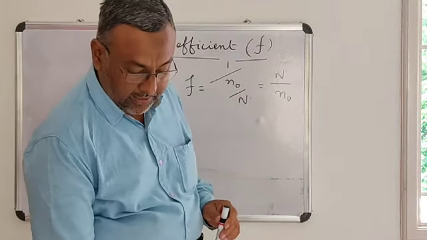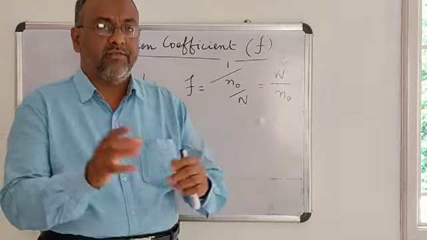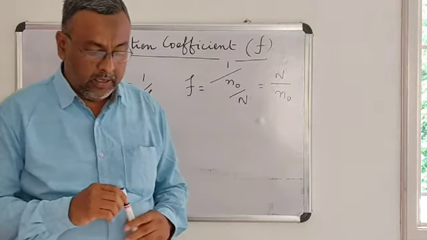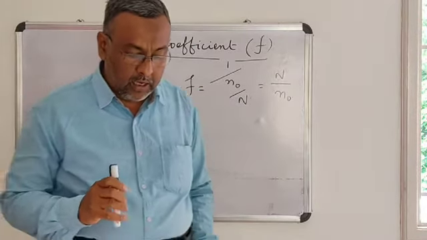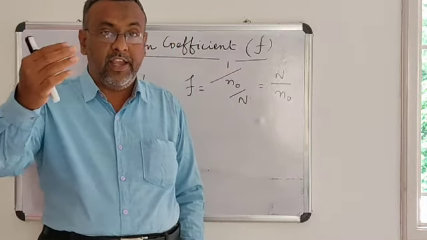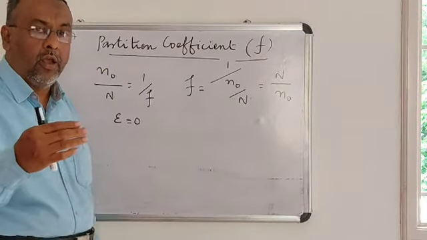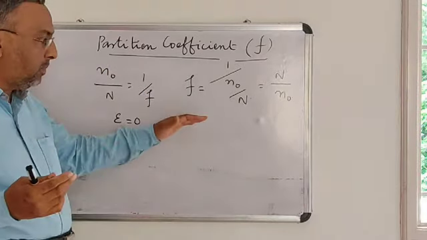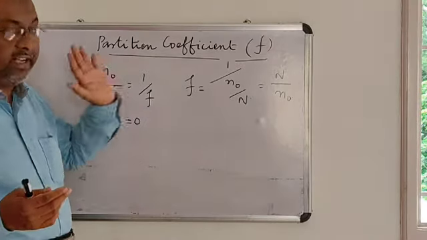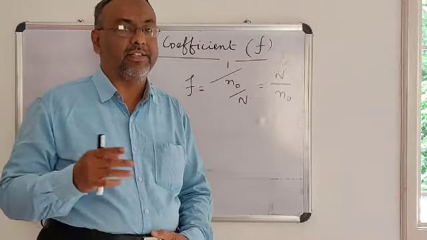Actually, this Cartesian function represents how the particles are distributed in the various energy levels. The relative proportion of the molecules occupying the various energy levels is represented by the Cartesian function.